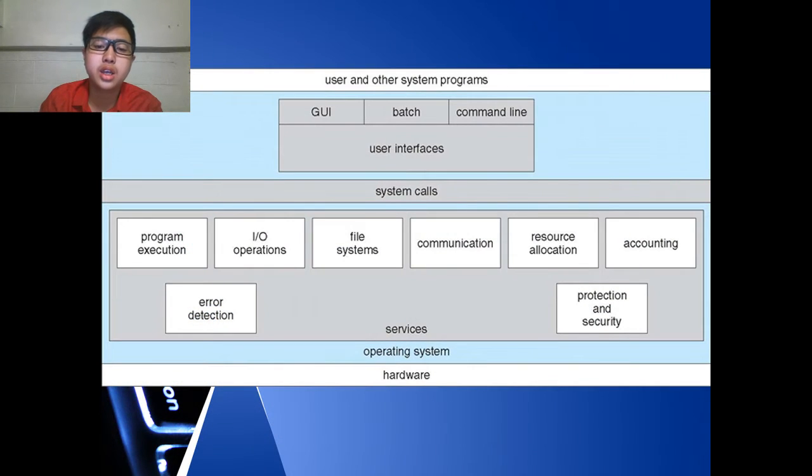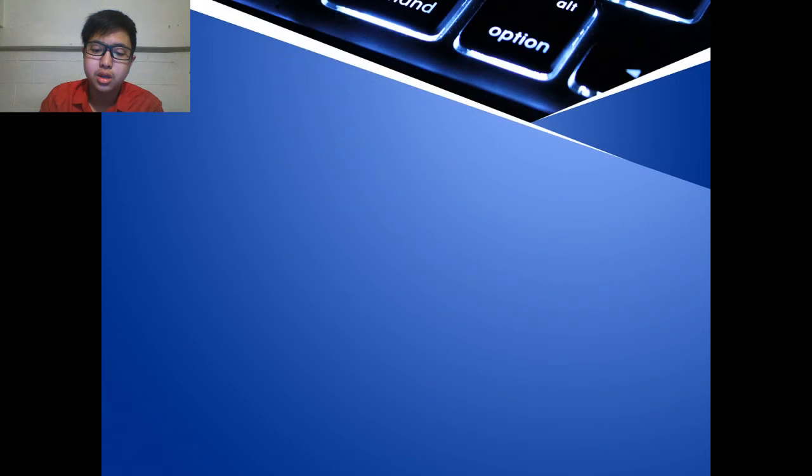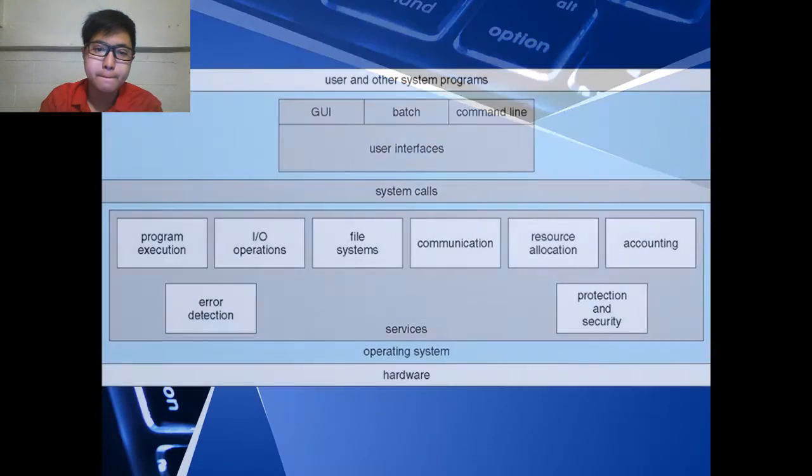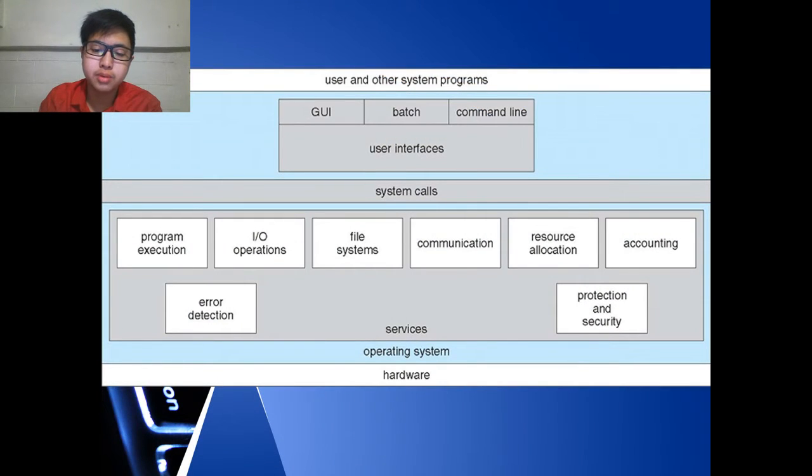So we're back again on the diagram and we're going to talk about the services. Here are some operating system services that are helpful to users. Program execution.